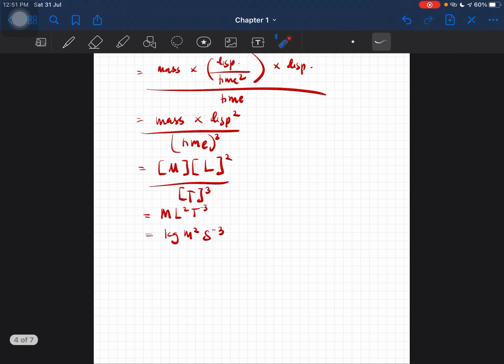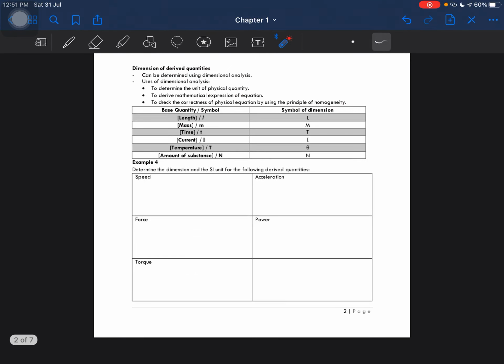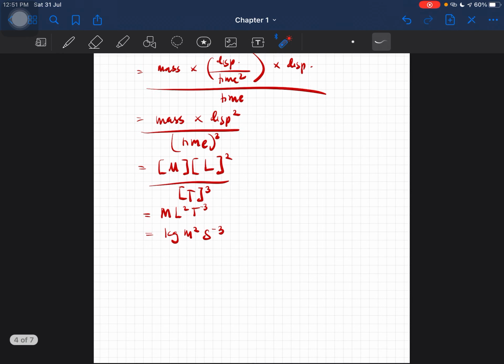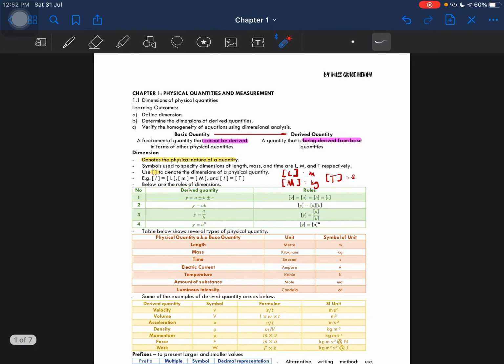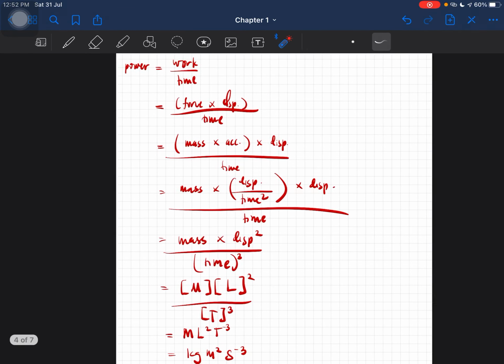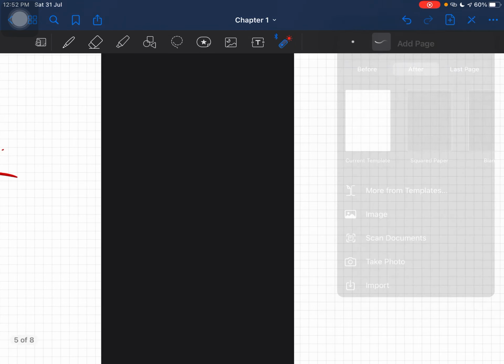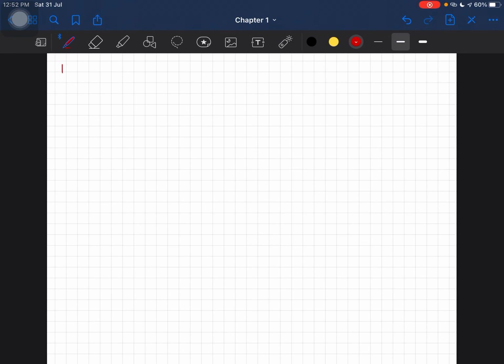Okay, next is, what was the last one? It is torque. Right, so did I give you the torque formula? No. Alright, so the torque formula is torque is equal to force times distance. Okay, force times distance. And then again, just now we know what force is.